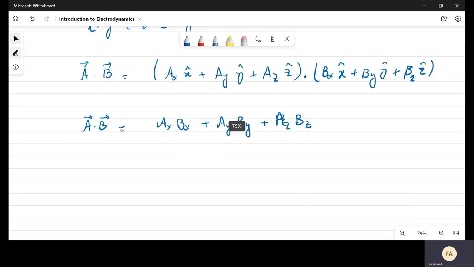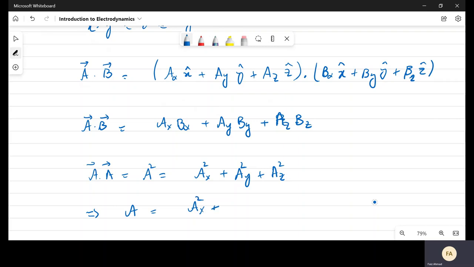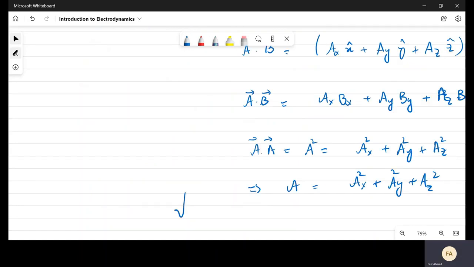Self dot product will be a dot a is equal to a square, which is equal to ax square plus ay square plus az square, and it implies a is equal to the square root of ax square plus ay square plus az square.